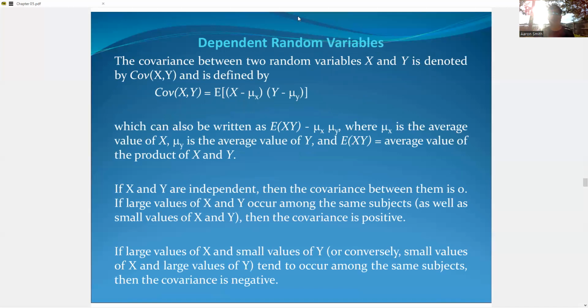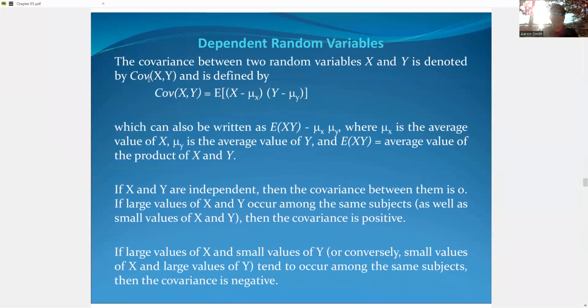All right, dependent random variables. The covariance between two random variables, x and y, is denoted as the covariance between x and y. Covariance is similar to correlation, but not quite. There is a difference. When we're doing statistics with real life data, correlation is easier to interpret.